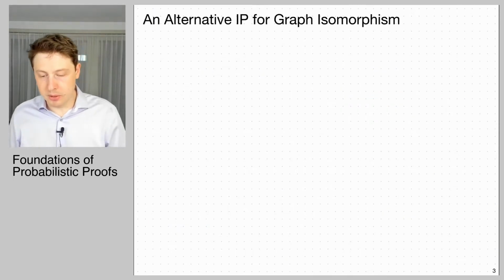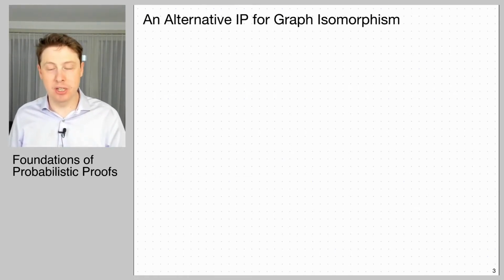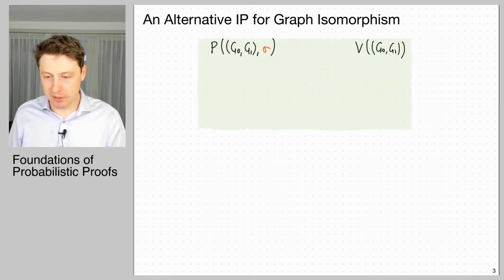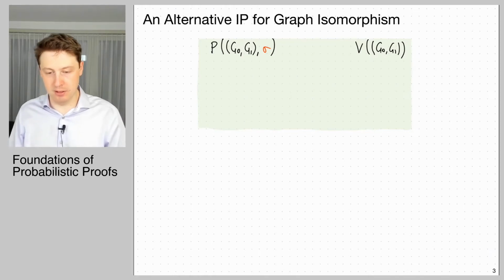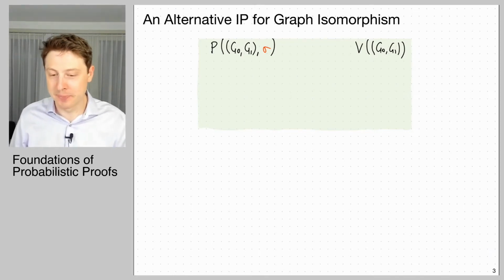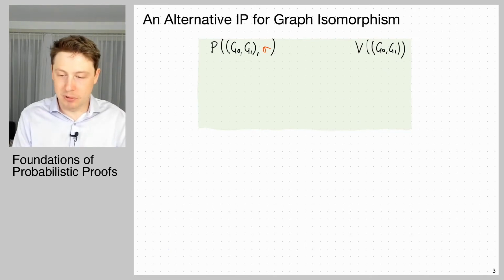All right, before we even start discussing definitions about zero knowledge, let's just look at some example. So here's an alternative proof for graph isomorphism. I'm just going to write it down because it comes out of a magic hat. We have a prover and a verifier.